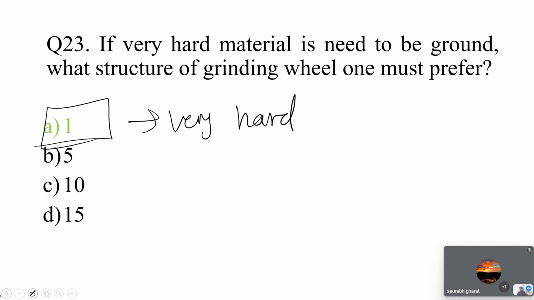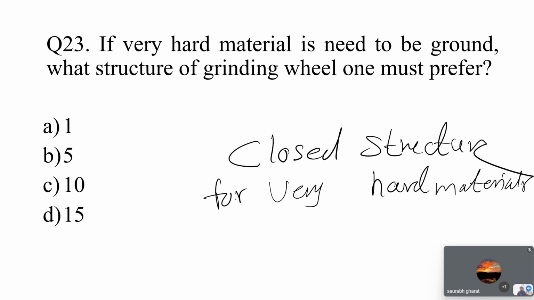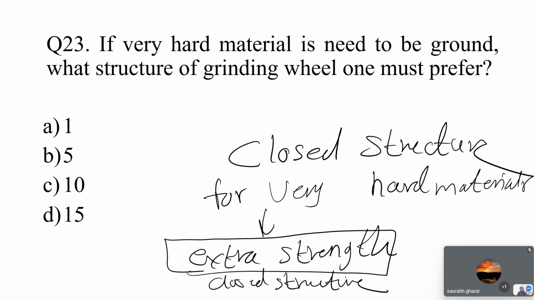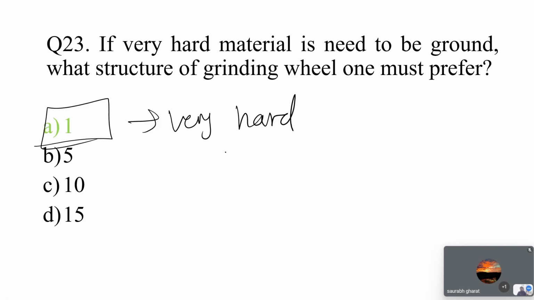So what is this concept for very hard material? We need to have a closed structure, so it will give you extra strength. Not hardness, extra strength it will give you because of the closed structure, and it will help you cut a hard material.